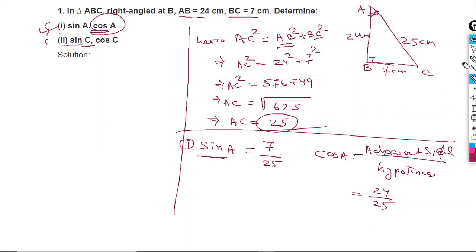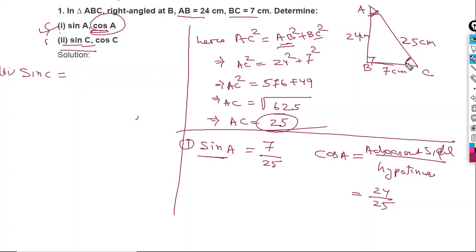So here in the second part you can see sin C and cos C. Now sin C equal to, look at the figure, the angle C is here.